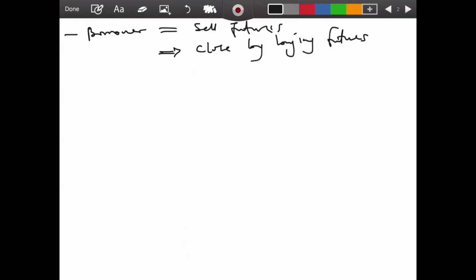So the first step is the decision. What is the decision? Is the company buying futures or selling futures? After the decision, you want to look at the number of contracts. If you are buying the futures, how many contracts will the company be buying?